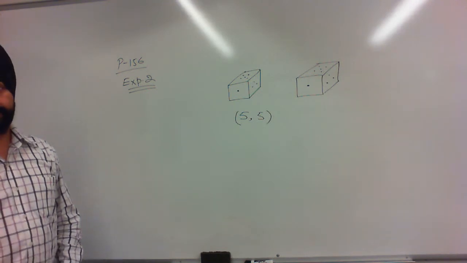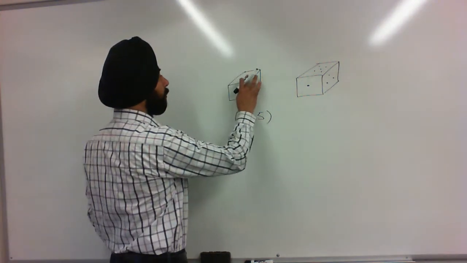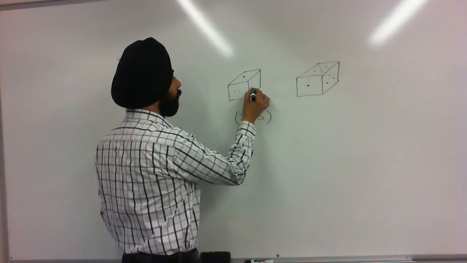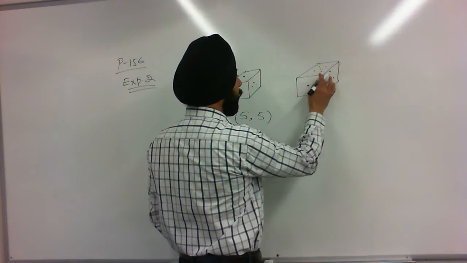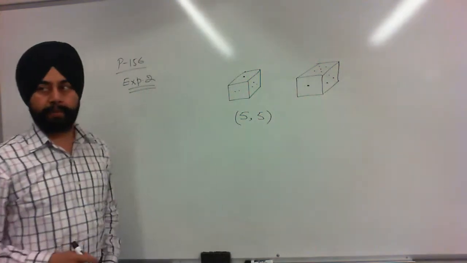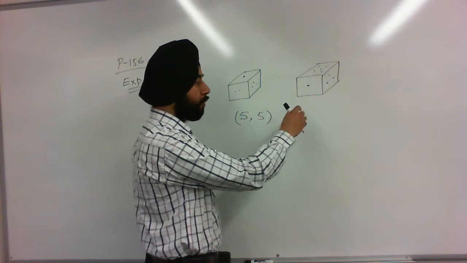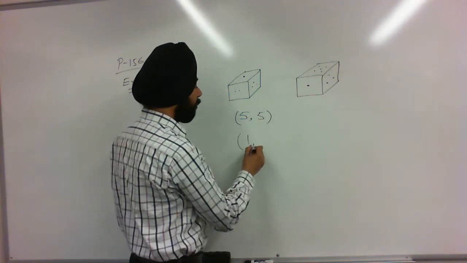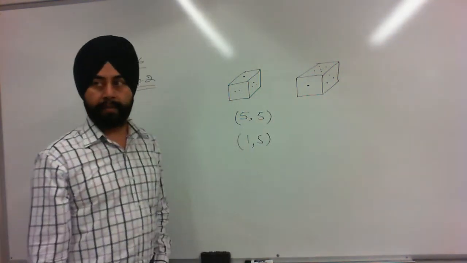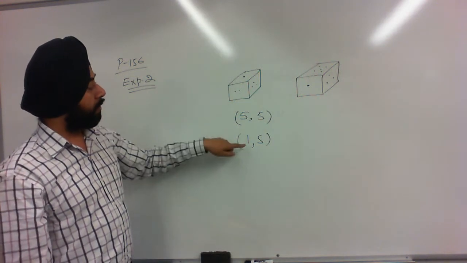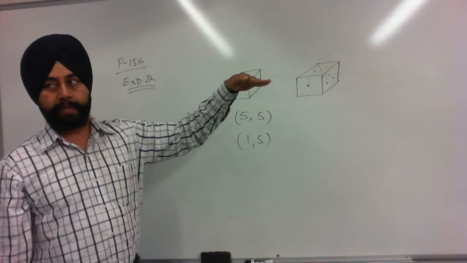Think about it. You may have something like this die has face number 1 at the top, and this one has face number 5 at the top. How will you write this situation? You write it as 1 comma 5. It shows you that this die got face number 1 at the top, the other one got face number 5 at the top.